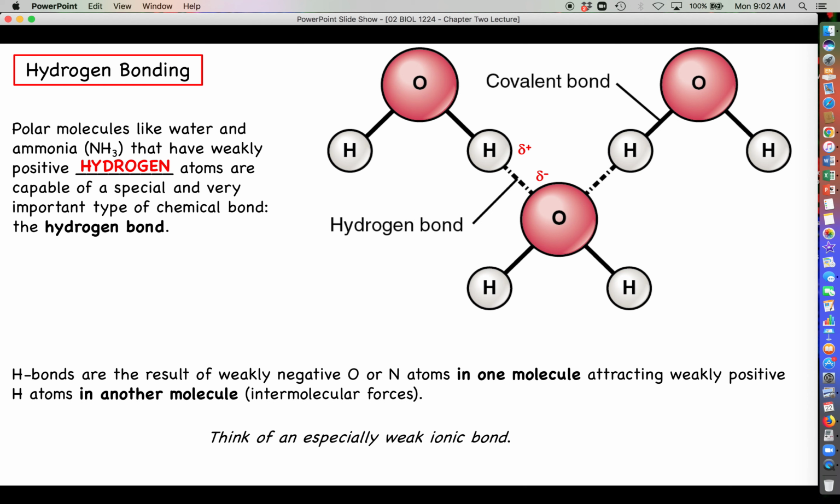So if you find it helpful, you can think of a hydrogen bond as being like an especially weak ionic bond. It's still the result of electrical attraction between positives and negatives. It's just in this case, the hydrogen bond is actually fairly weak because you're dealing with partial positives and partial negatives, not full positives and full negatives.